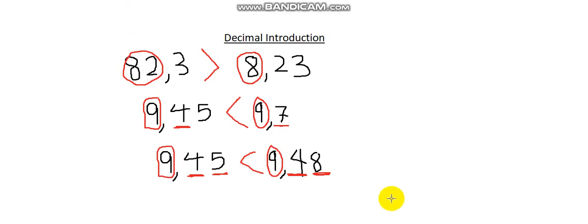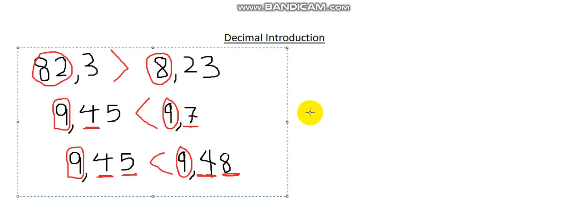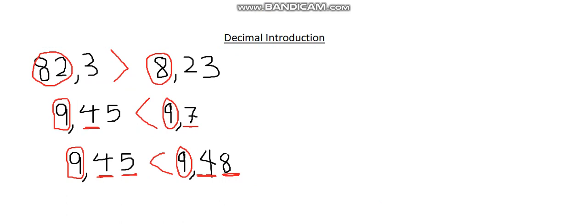What happens if I have something like this? Let's say I have on one side 5.4. On the other side, I have 5.43. I compare the 5 with the 5, they're the same.